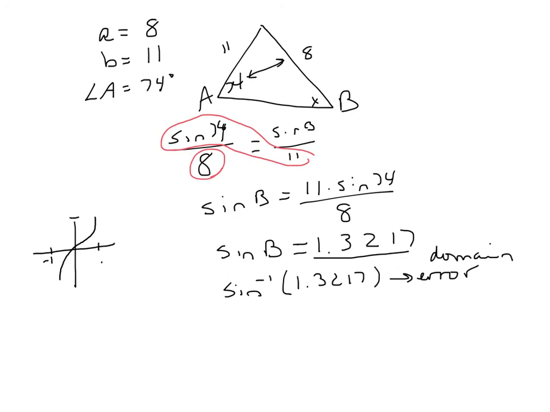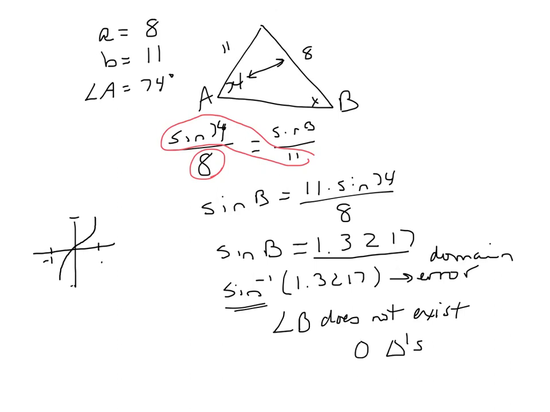And of course, that's your pi over 2 and your negative pi over 2. You can't go to 1.32. 1.32 is outside the domain of the inverse trig function. So this is an error. What that means is that angle B does not exist. It's impossible to build this triangle. And so therefore there's 0 triangles.